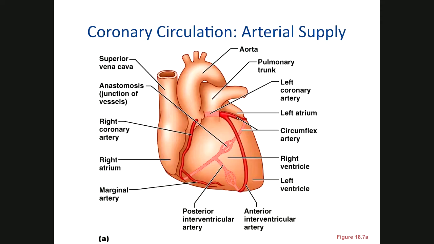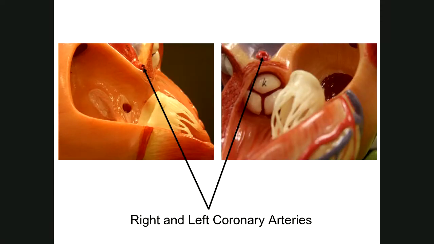There it is behind the pulmonary trunk. And then it comes out right here. And then one part's going to go down the front of the heart, and one part's going to go around the left side.